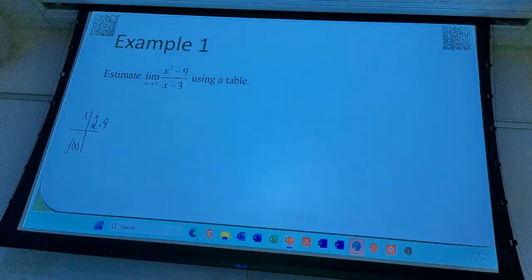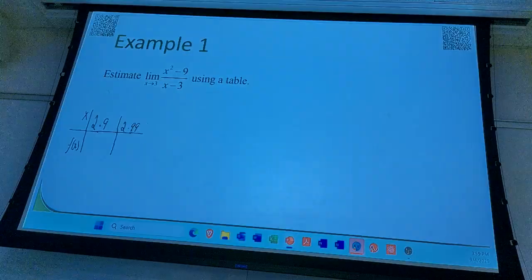2.9, less than 3 and still pretty close, right? But we can get closer. 2.99 is even closer. And then 2.999 is even closer still.